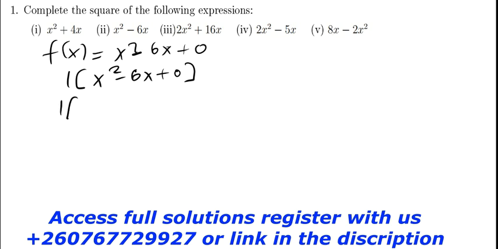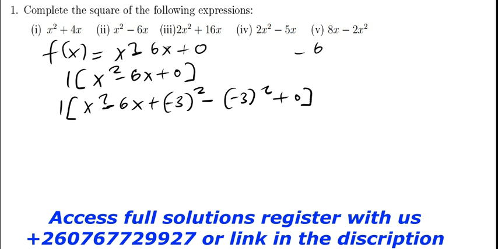So then what I'll do is, for x squared minus 6x, take half of negative 6. I'll follow this sign, so it's negative 6. Half of negative 6 is negative 3. I'll put it in the bracket, then minus the same thing, squared, plus 0. Okay, don't forget about that.